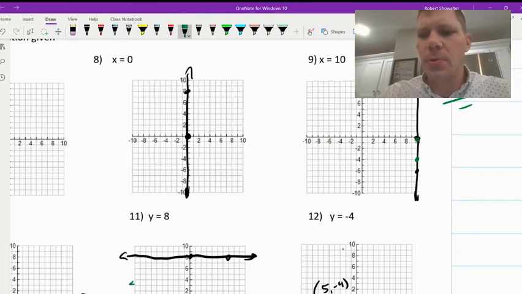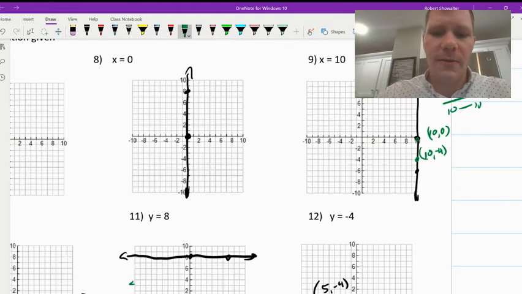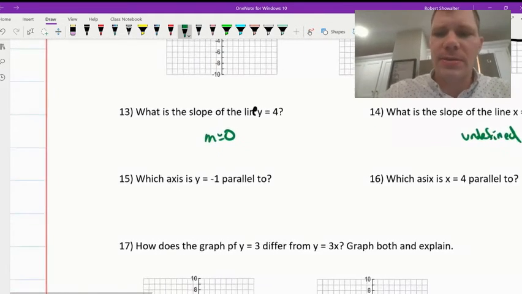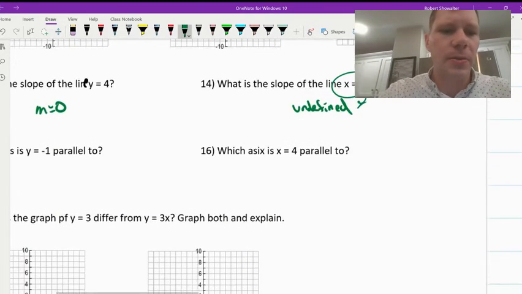Oops, I did those points wrong. So this would be 10, -4, 10, 0. So we're going to do -4 minus 0 over 10 minus 10. We get -4 over 0, and that's an undefined number. So when it's an x equals equation, we're going to have an undefined slope.